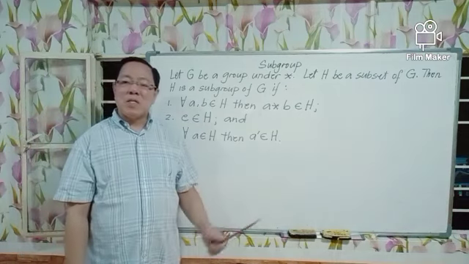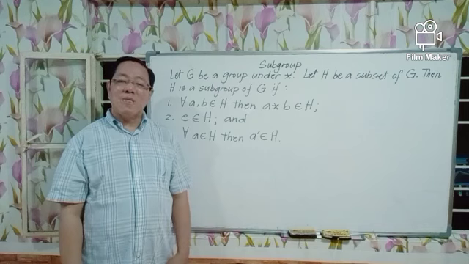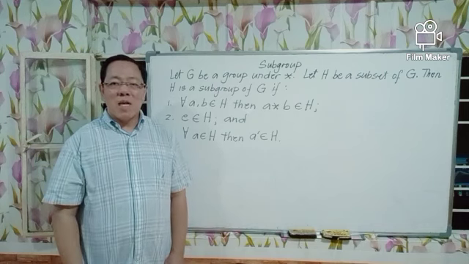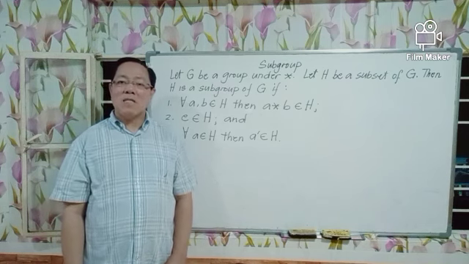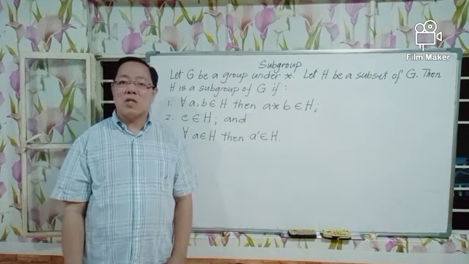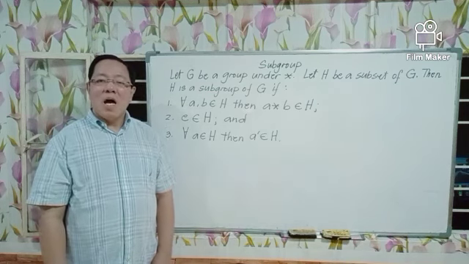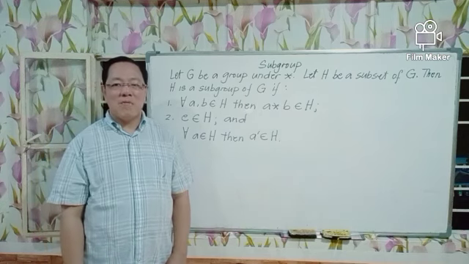And in the third property, we are not saying that the inverse element of each element of H must exist. We already know that every element of G has an inverse element that is also in G. And because H is a subset of G, every element of H, which is also an element of G, has an inverse.